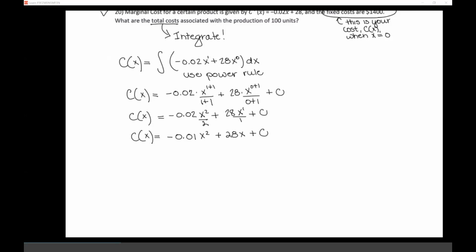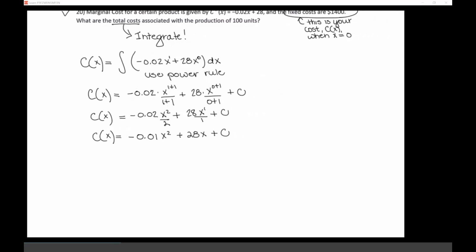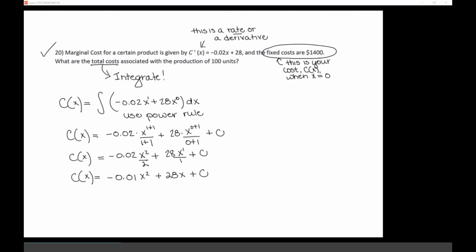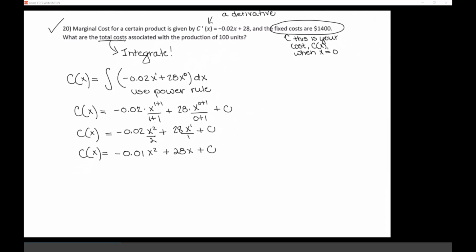Okay. Now, here we're saying fixed costs are $1,400. Okay, that means, right, since fixed cost is the cost when nothing is produced, plug in 0 for x.